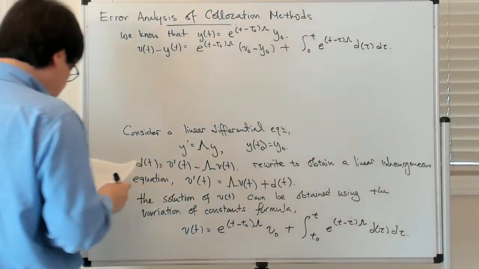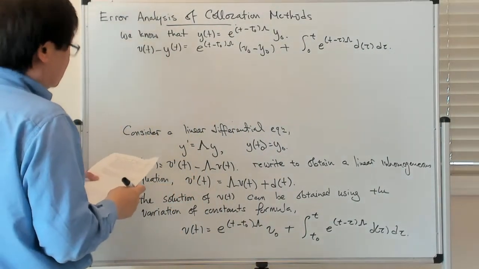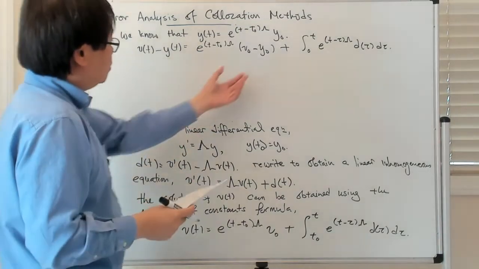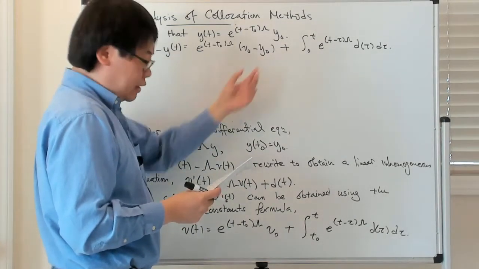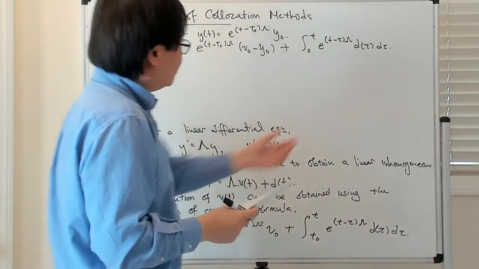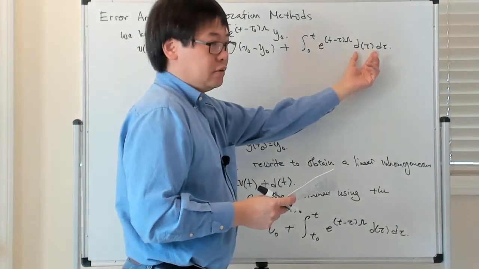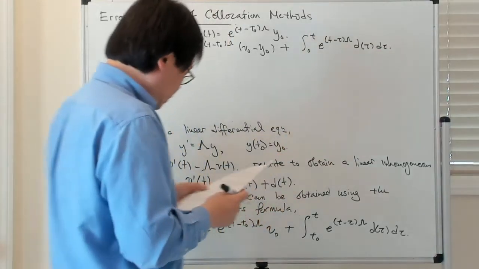So you can compute what the initial error is, and then there's a defect term which you can measure in some sense.